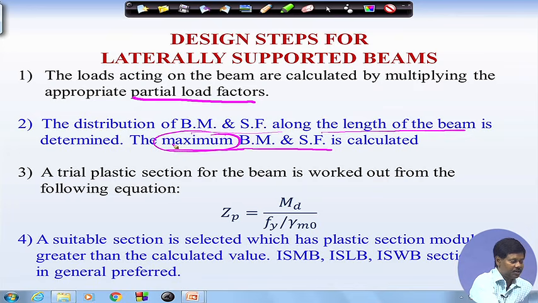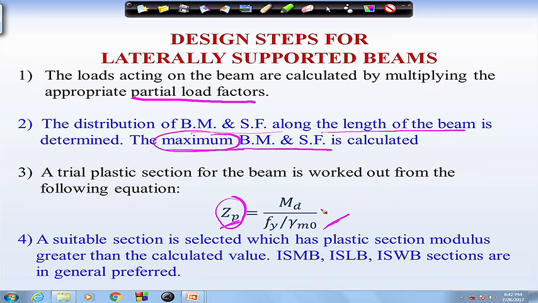On that basis, I can find a trial plastic section modulus Zp as Md by Fy by gamma m0. Irrespective of whether it is high shear or low shear, first I find a trial plastic section from this formula, Zp equals Md by Fy by gamma m0, where Md is the maximum bending moment which we have calculated, Fy is the yield stress of the material, and gamma m0 is the material safety factor.